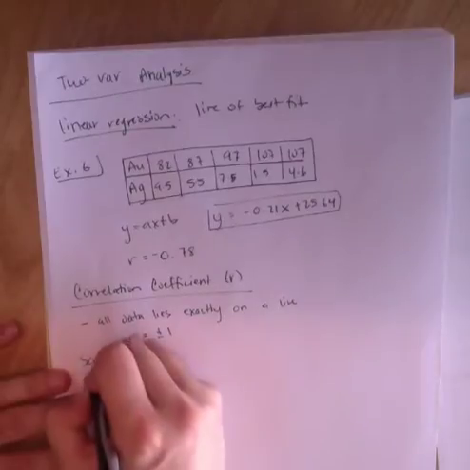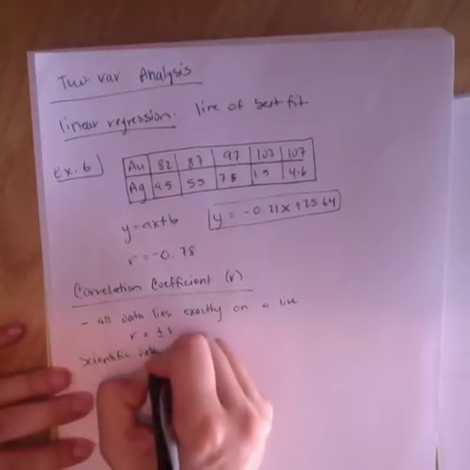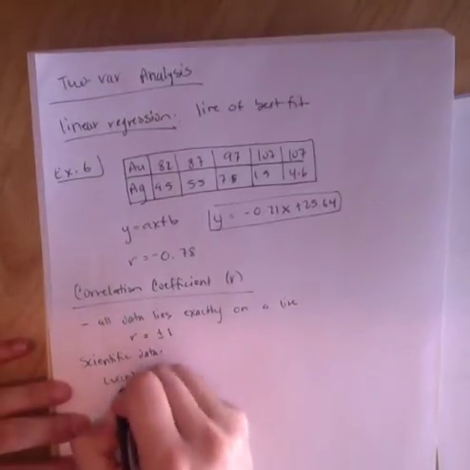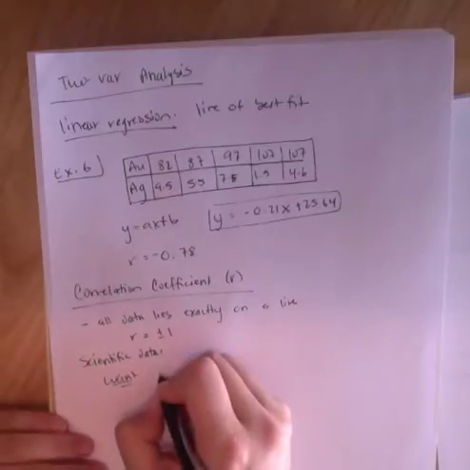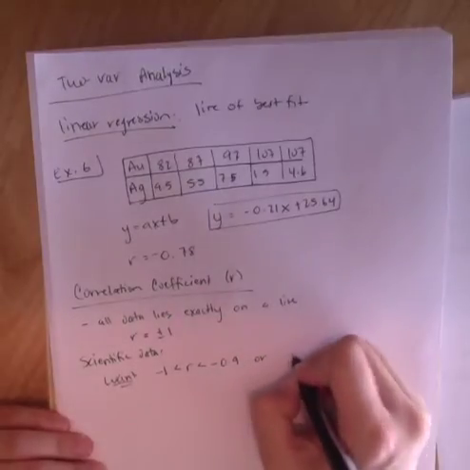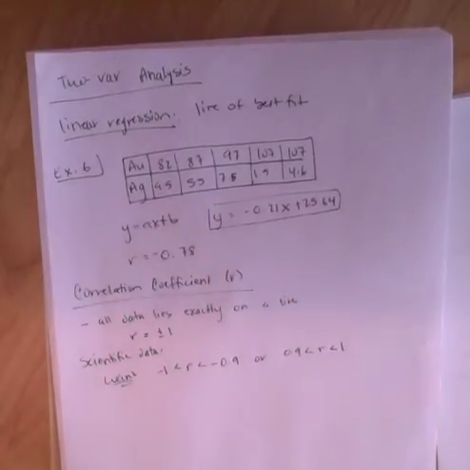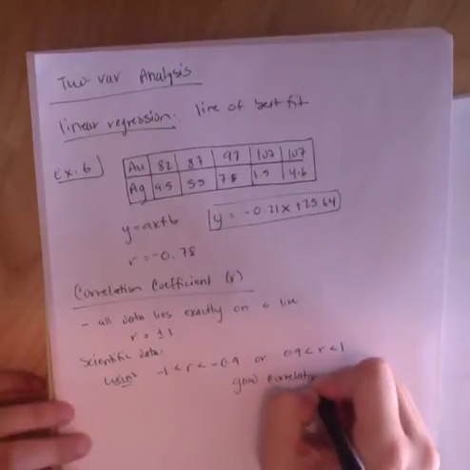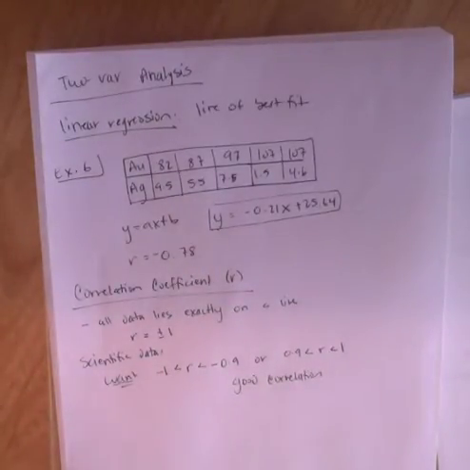For scientific data, we want the desirable r to either be in between -1 and -0.9 or 0.9 and 1. What this tells me is that there is a good correlation. Meaning my R is a good R. It does what we want it to do. Okay? If R is outside of this, it's not a good correlation.